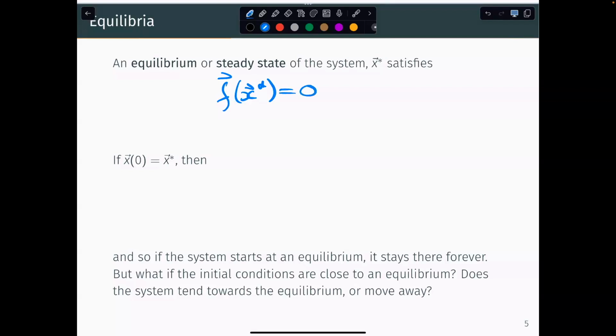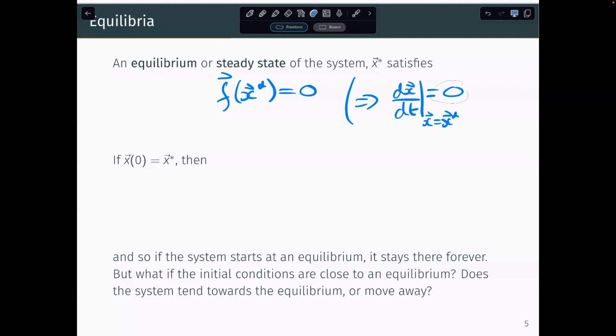In other words, this implies that our dx dt, when evaluated at X equals X star, is just going to equal 0. So there's no rate of change for any of the state variables that we have.